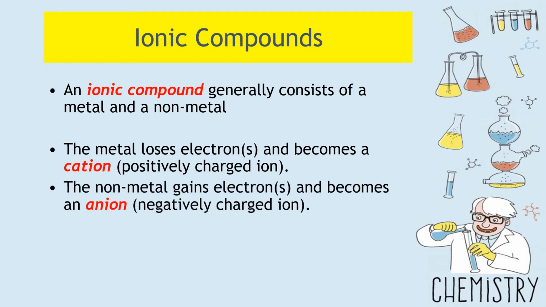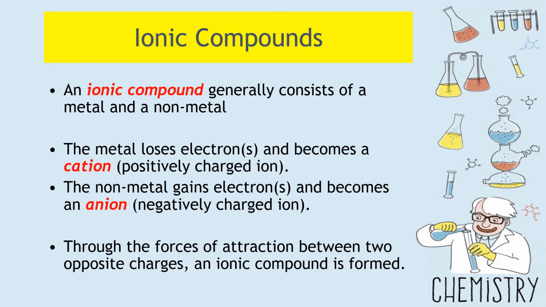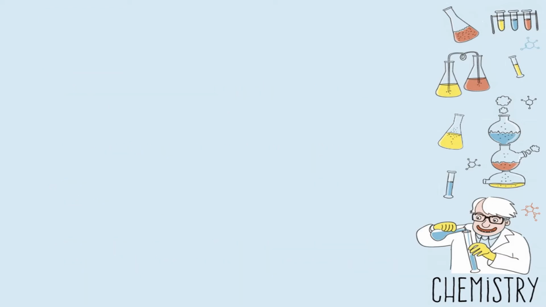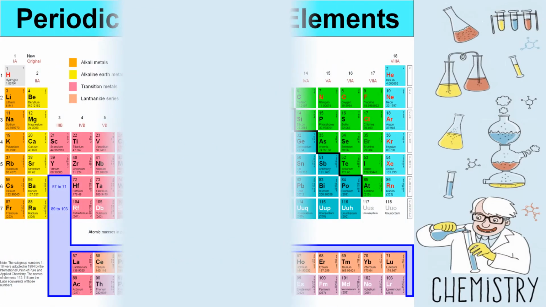On the other hand, the non-metal gains electrons and becomes an anion, or a negatively charged ion. Through the forces of attraction between two opposite charges, an ionic compound is formed. An example of that is sodium chloride, which is an ionic compound.